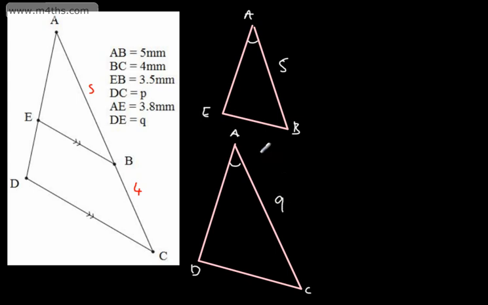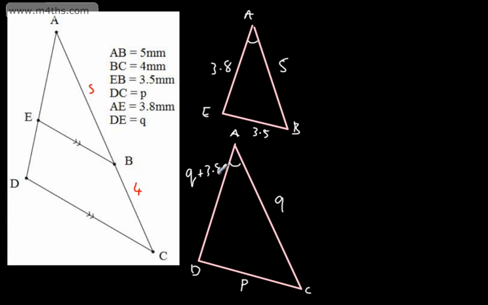E to B is 3.5. C to D, or D to C, is P. A to E is 3.8. And DE, which is this bit, is Q. So A to D is going to be Q plus the 3.8.